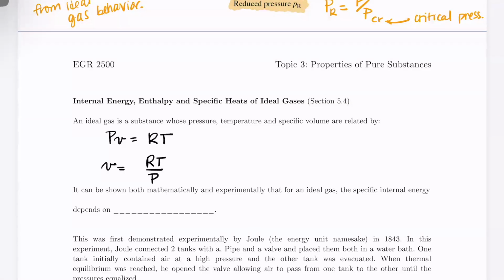All right. Because of this, we don't actually need a table to determine specific volume. The ideal gas tables don't list pressure and specific volume values.